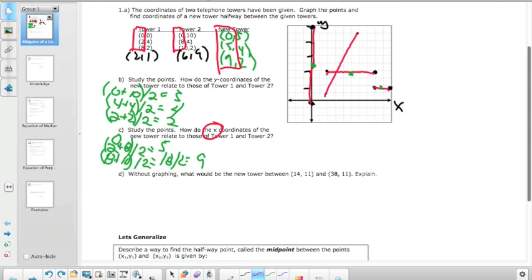How do we find the midpoint of that? It's no longer horizontal, it's no longer vertical. It gives a little bit of a challenge. How can we find the midpoint of that? We can find the slope. How's that going to help us find the midpoint though?